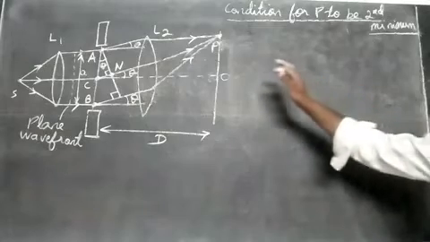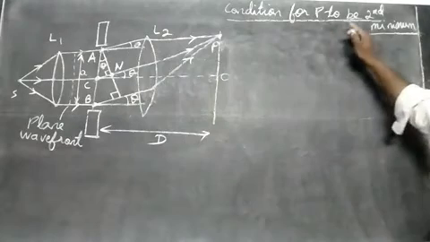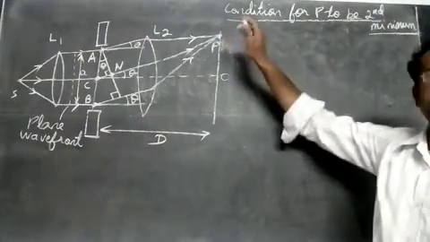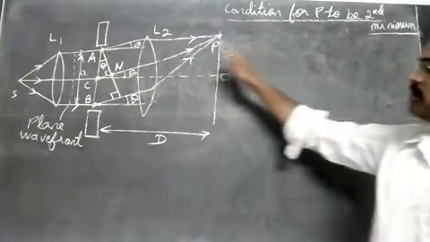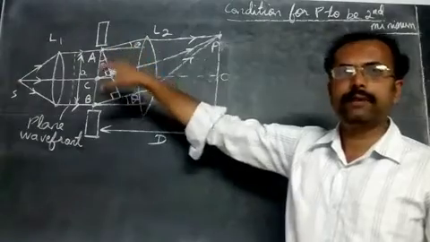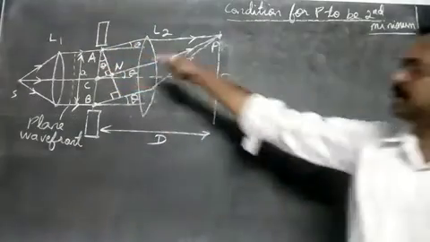Now let us continue. Let's see the condition for the point P to be the second minimum, so it must be the second dark fringe. For this, we have to divide the slit into an even number of parts. First we divided into 2 parts, as you can see in the first picture.